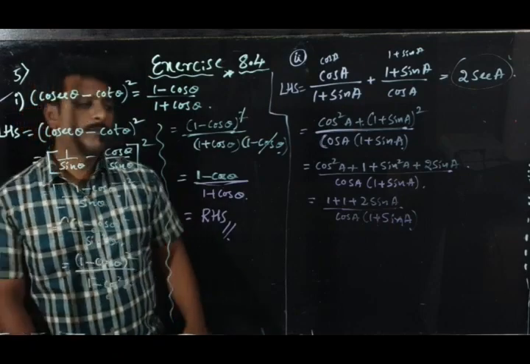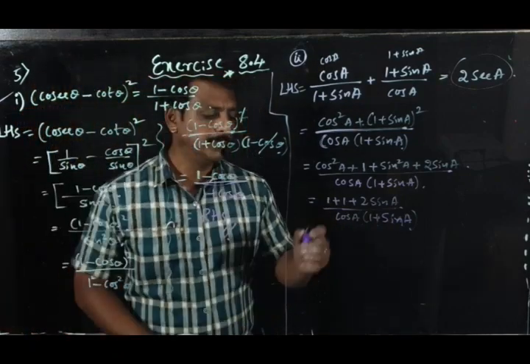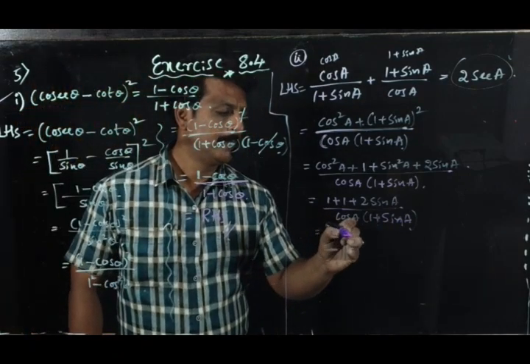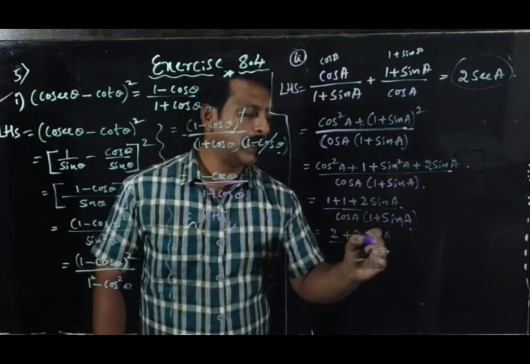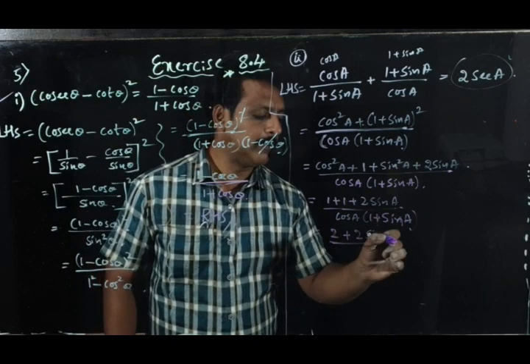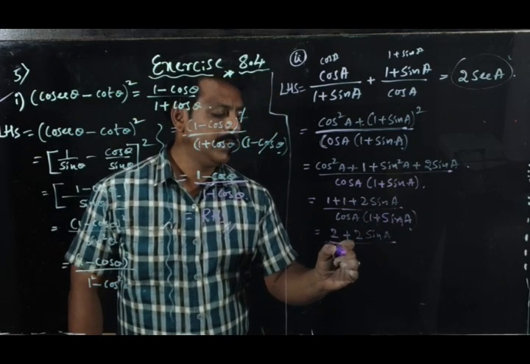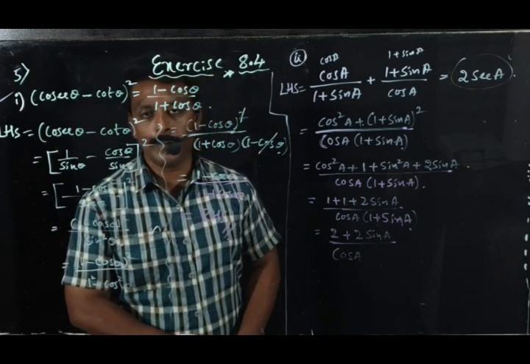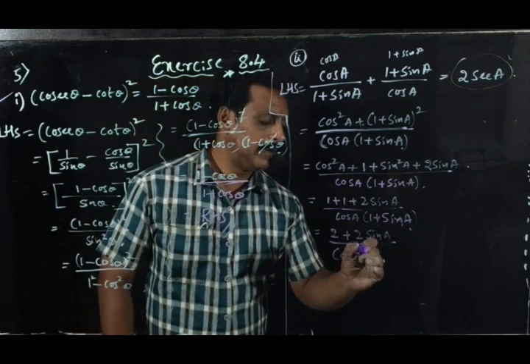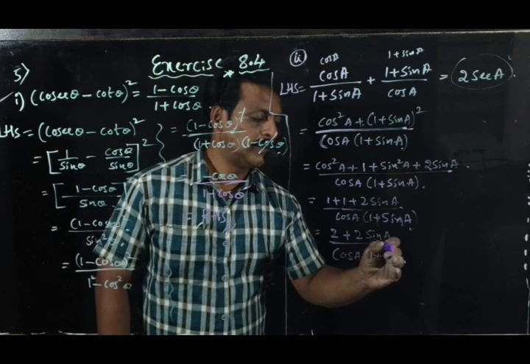So 1 plus 1, how much? 2. So 2 plus 2 sin A, divided by cos A into bracket 1 plus sin A.